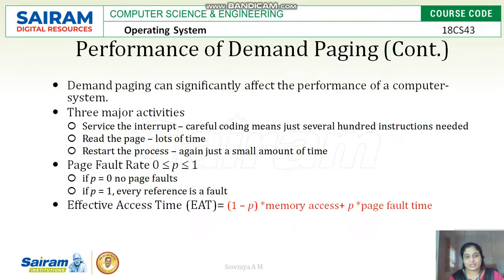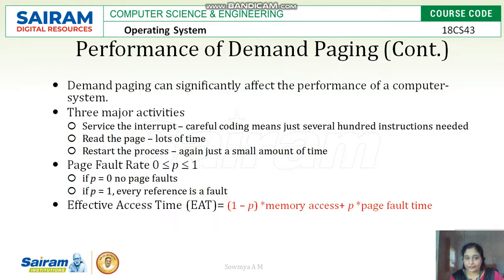Servicing the interrupt means you have to carefully know which page has to be loaded for which fault occurred. Most of the time is lost in reading the page. Then there is time given to restart the process. So the 12 actions are categorized into these three major activities for a page fault.